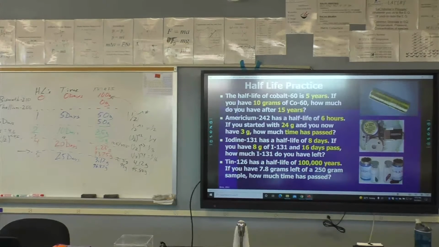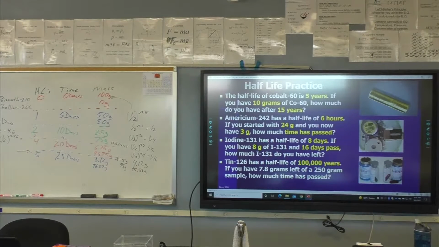250 grams is 0 half-lives, 125 grams is 1 half-life, 68 grams, we'll just go with 68 grams, is 2 half-lives, 34 grams is 3 half-lives, 17 grams-ish is 4 half-lives, and about 7.5 grams would be 5 half-lives.